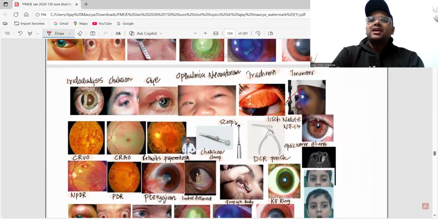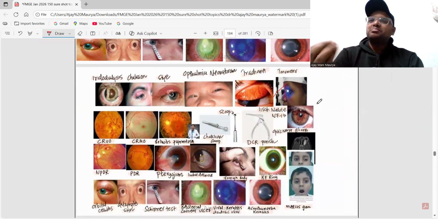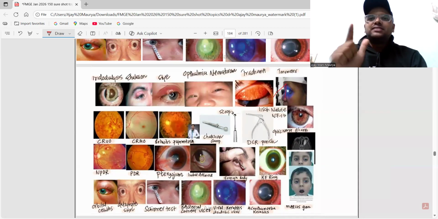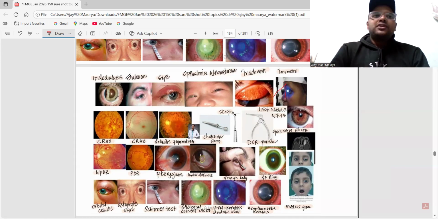Please, at least master these images. This is your job. I don't want to see anything, I don't want to hear anything. At least, there are only up to 25 images.